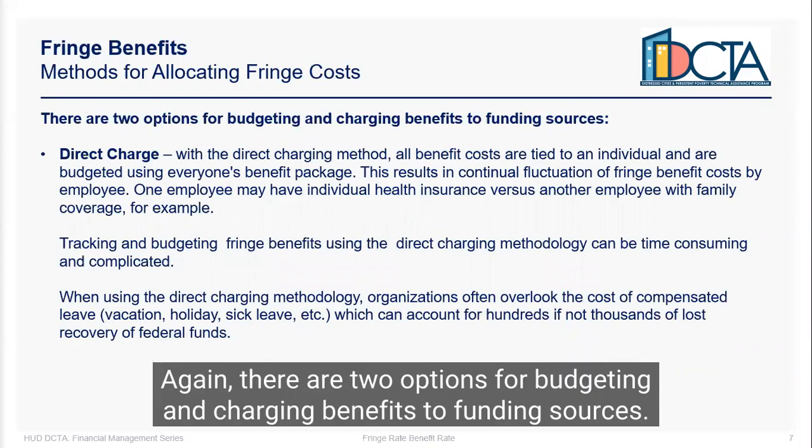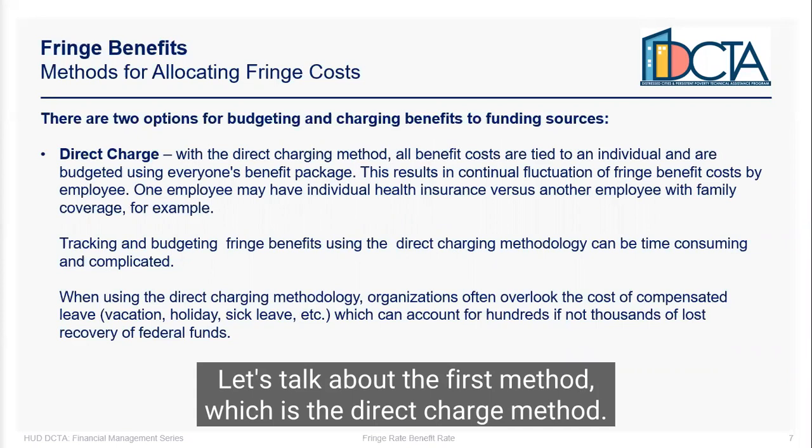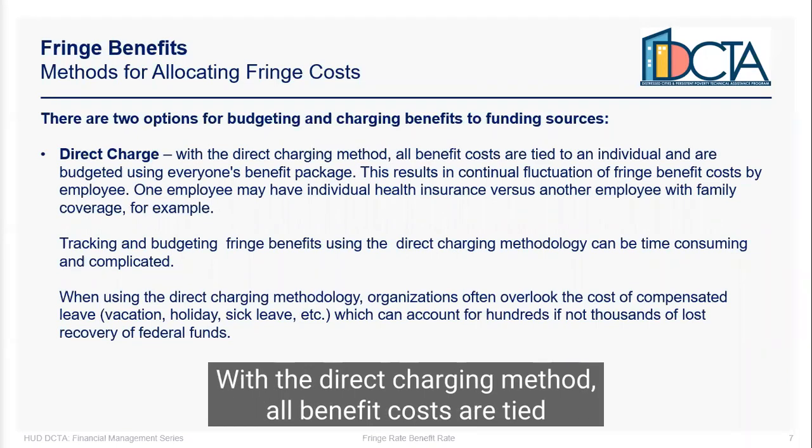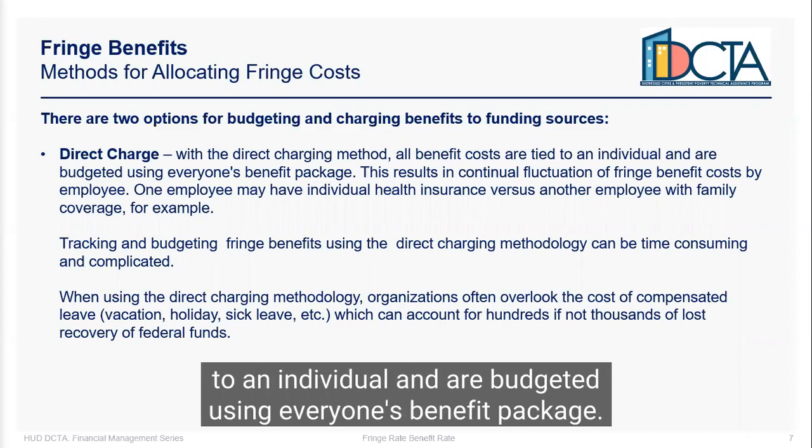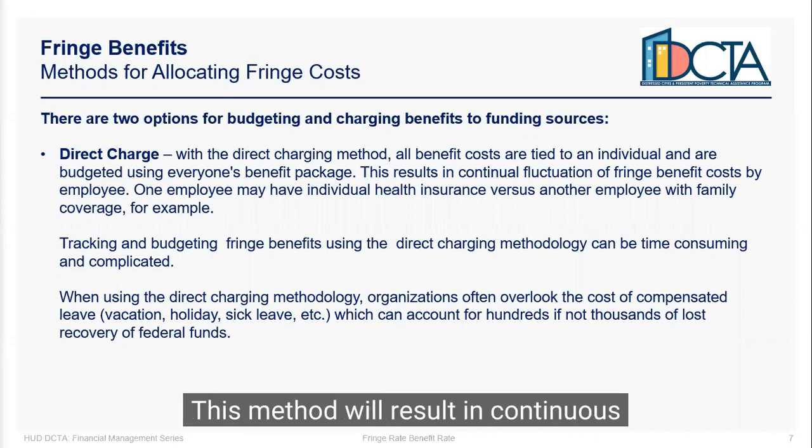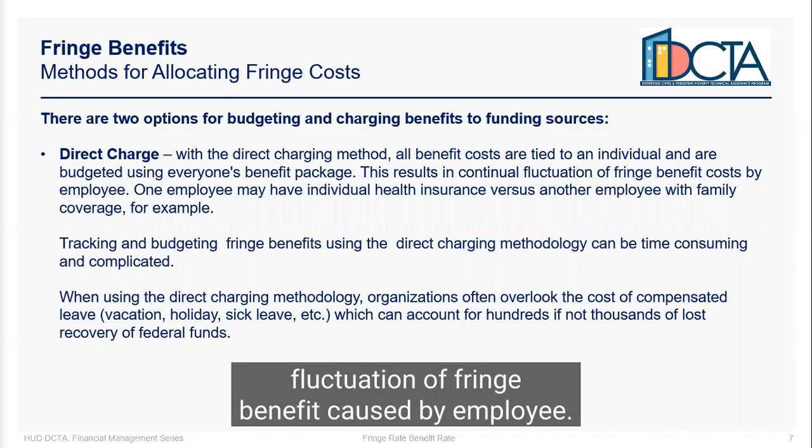Again, there are two options for budgeting and charging benefits to funding sources. Let's talk about the first method, which is the direct charge method. With the direct charging method, all benefit costs are tied to an individual and are budgeted using everyone's benefit package. This method will result in continual fluctuation of fringe benefit costs by employee.